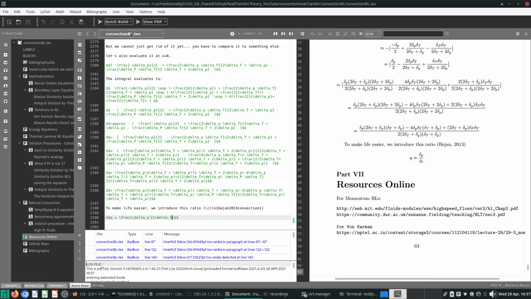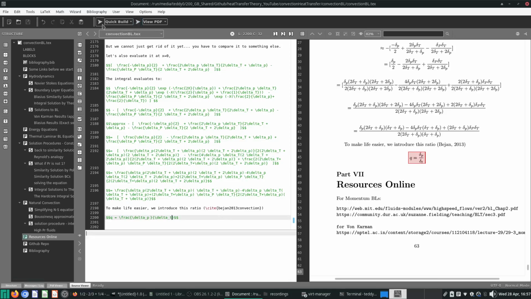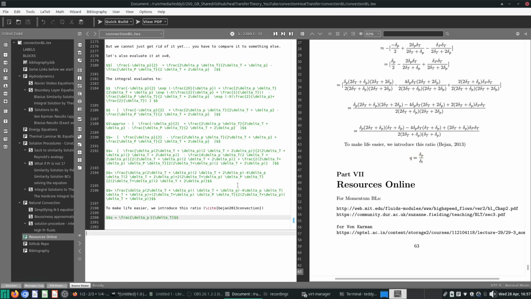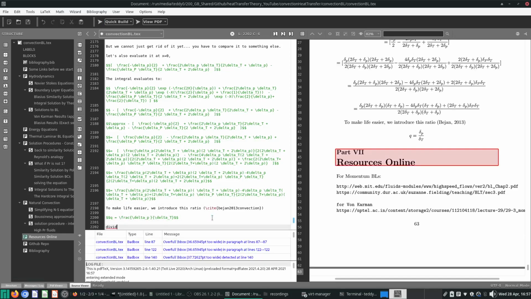Okay, so that's our ratio for relatively high Prandtl number fluids. So what are we going to do? We are going to divide top and bottom by delta t so that we can introduce this q in.